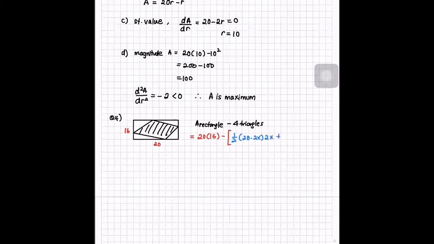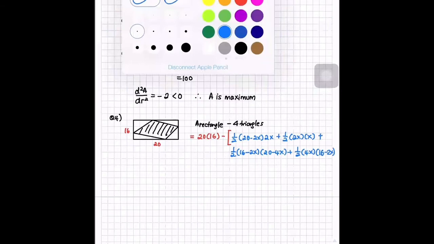Yeah? I will go slowly. Any questions so far? Who doesn't know how to find the area of a triangle?